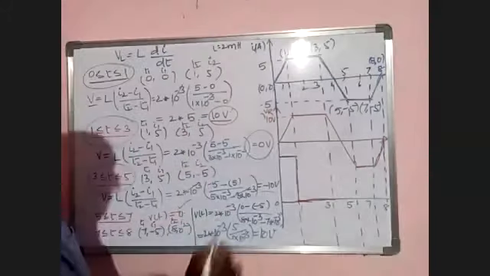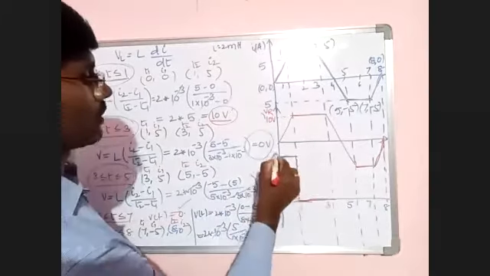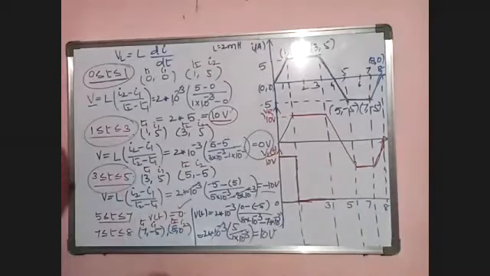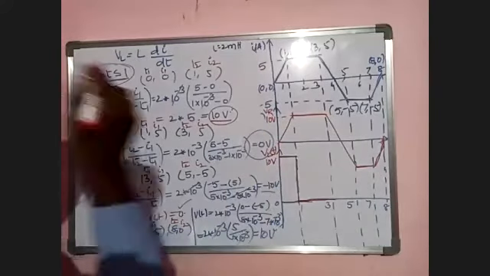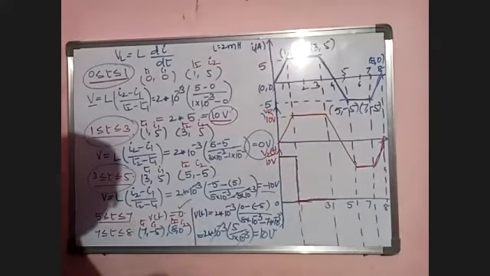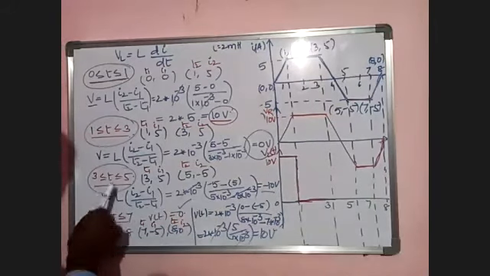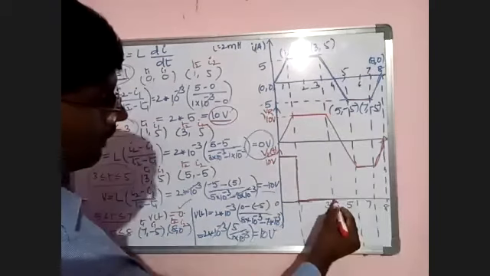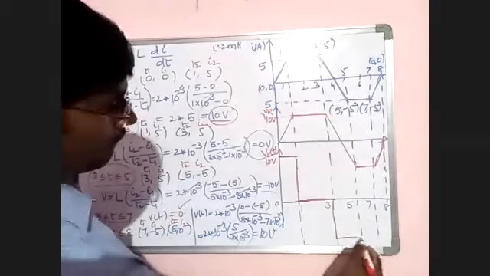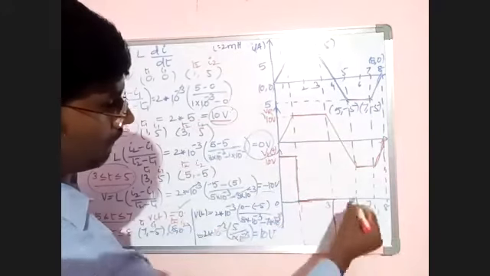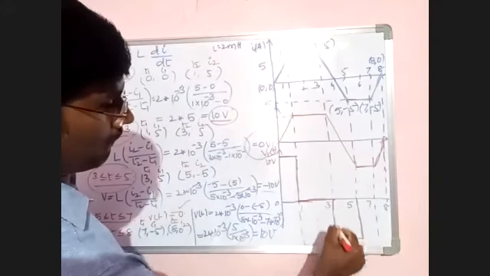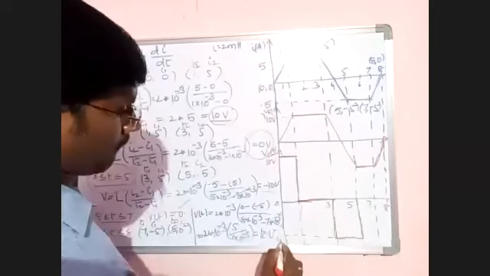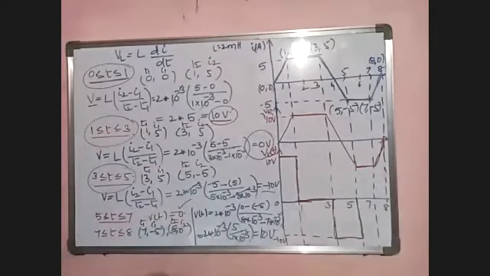Here, 10 volts, and it is VL of t. This is VR of t and VL of t. And from 3 to 5, it is minus 10 volts.